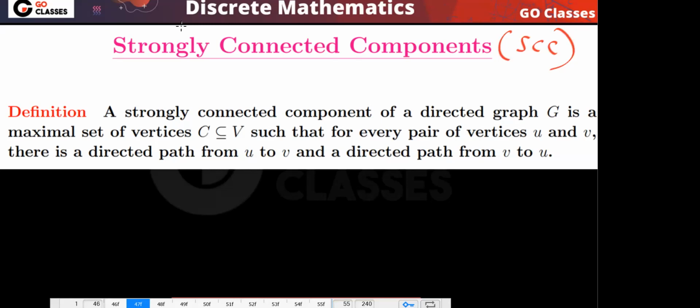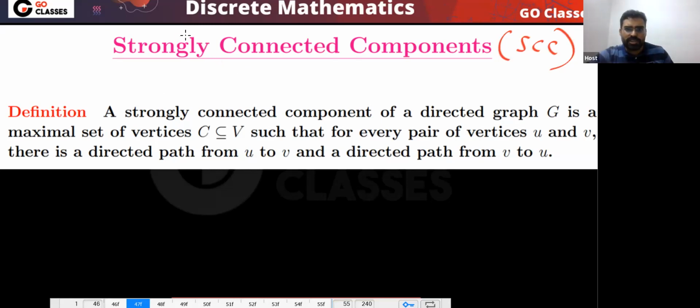Remember, this is a maximal set of vertices which are strongly connected to each other. This is a maximal set of vertices such that any two vertices are strongly connected.